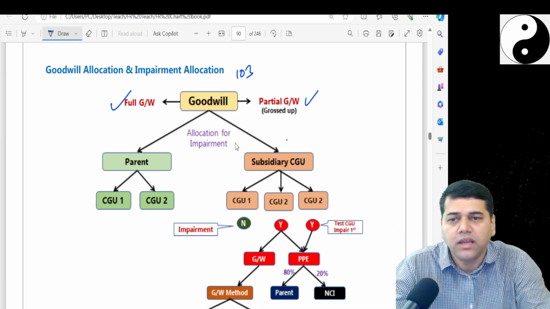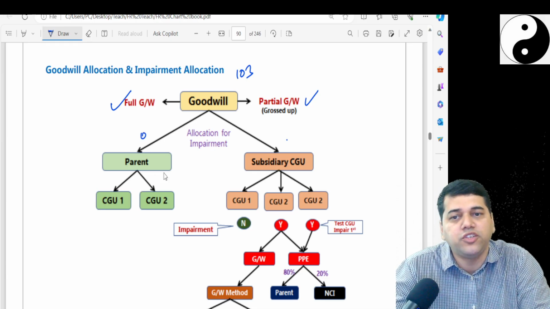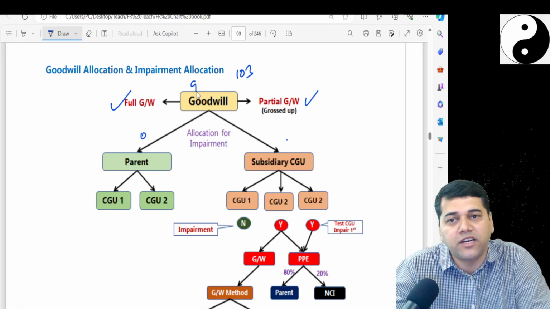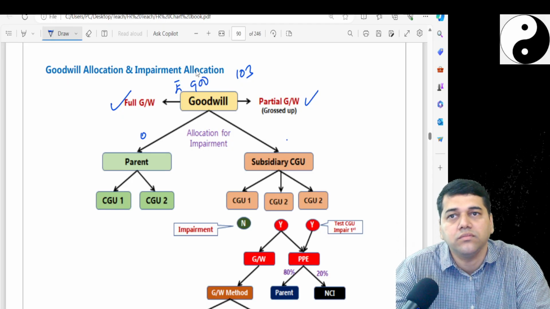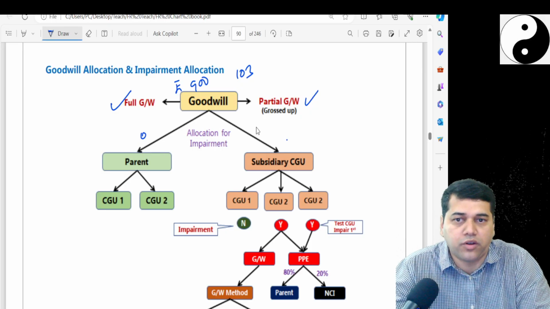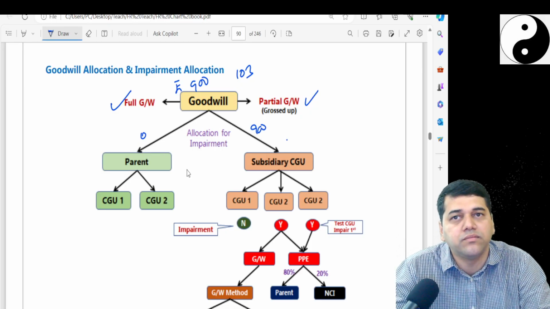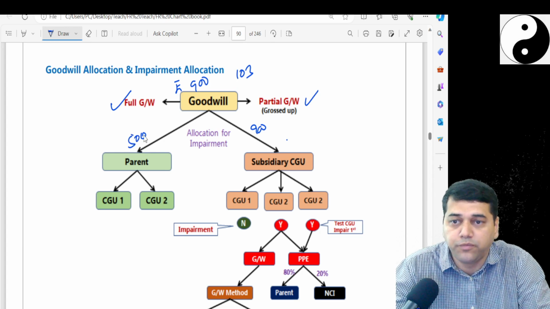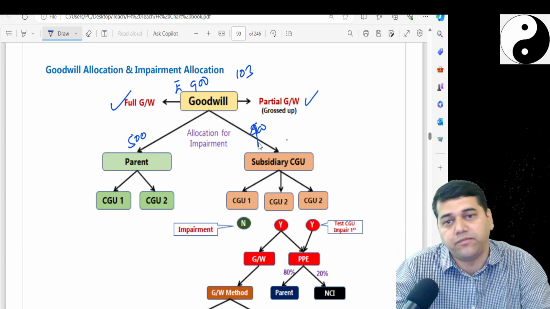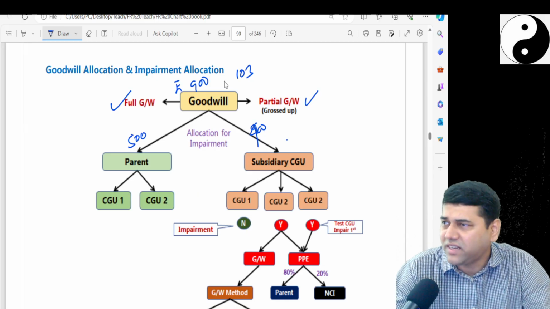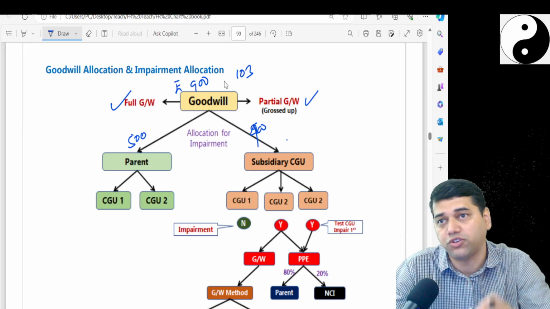So probably I may give 0 to the parent CGU. Say for example, 900 rupees comes. I may give 0 to them, or the entire 900 to the subsidiary, or I may give the parent CGU 500 and the subsidiary 400. That is what the allocation is told in the question to you.